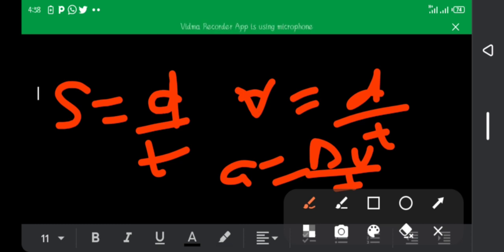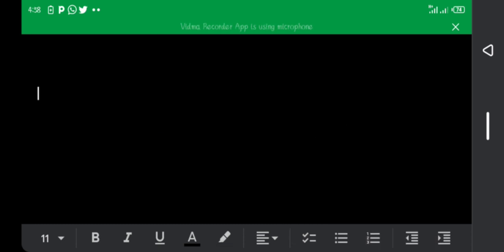Let me give you some of those different forms. So when we start talking about equations for uniform motion, you understand it better.